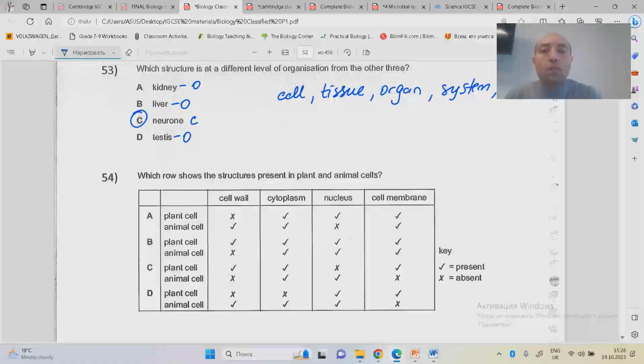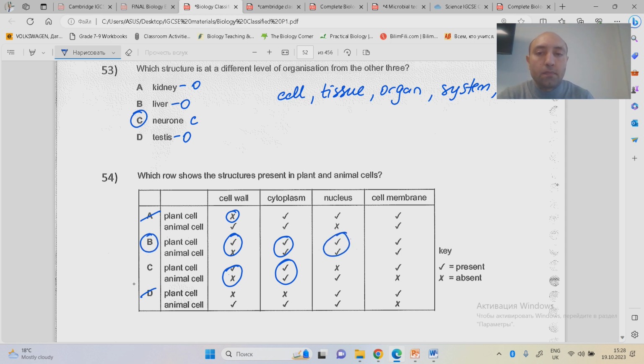Then 54, we need to find structures which are present in plant and animal cell. You know that cell wall belongs only to plant cells, so it is incorrect. This is correct, this is also correct, and this is incorrect. Let's go to cytoplasm. Yes, cytoplasm belongs to all living things. Let's look to the nucleus. Both cells have a nucleus.